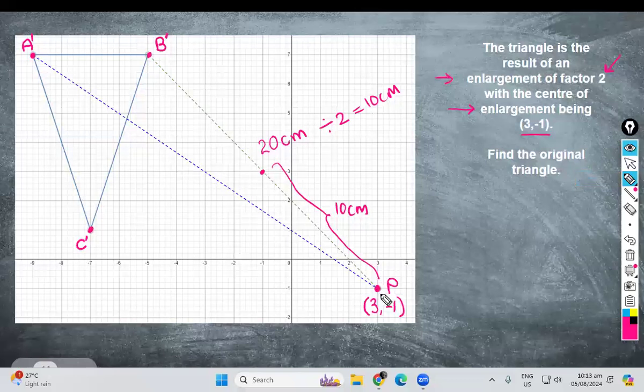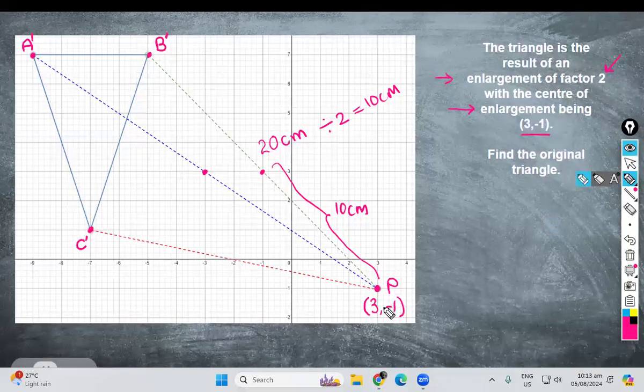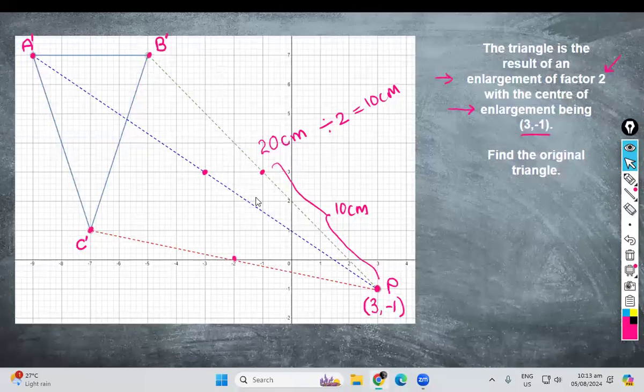So from point P, you measure 12 centimeters. And you do the same thing for point C: measure the length of the red line with your ruler, and divide whatever you get by 2. When you connect all of those points after dividing all the lines by 2, you will get what?